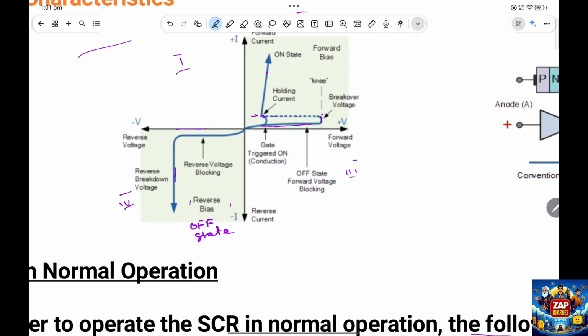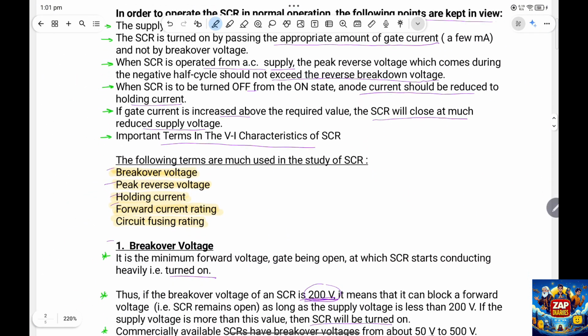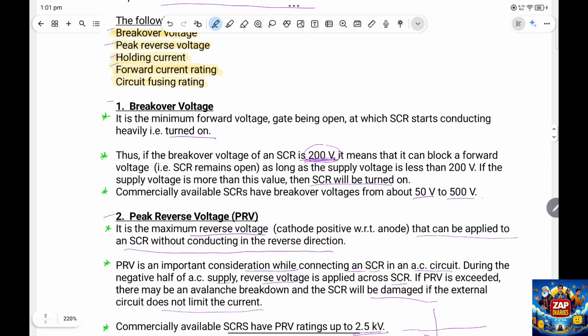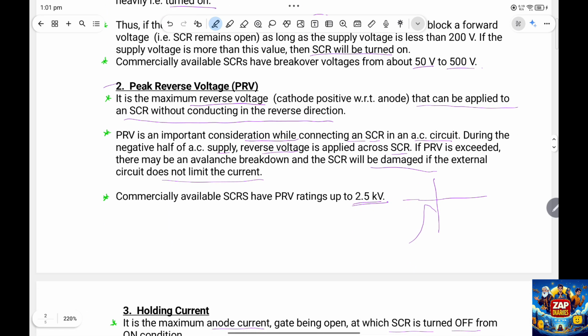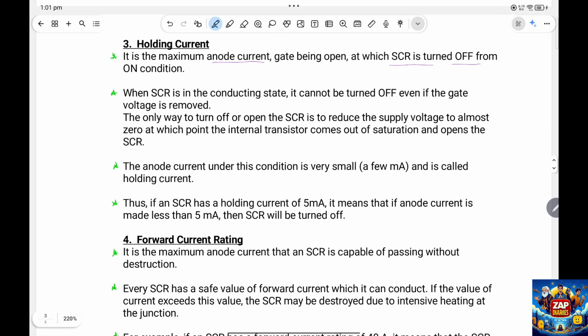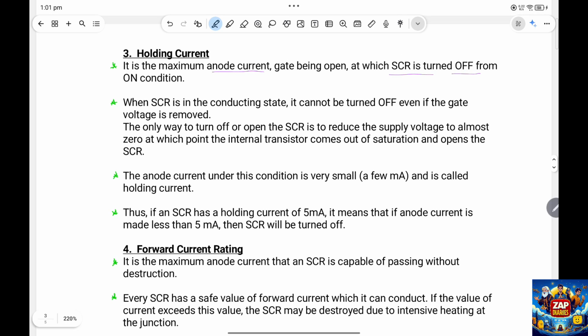After this holding current point, it will turn off automatically. You just reduce the current to turn off an SCR from on state to off state. You just reduce the current below the holding current limit, and it will just turn off.